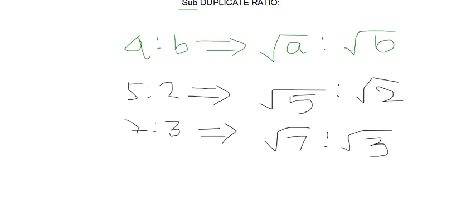Triplicate means, guess that? Cube. Nothing else, just cube. If a is to b is there, sir, can you write the triplicate ratio of a is to b? Yes. That is a cube is to b cube.